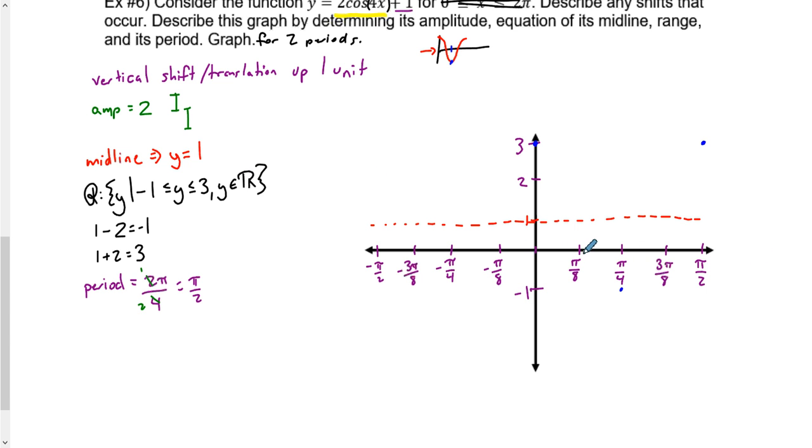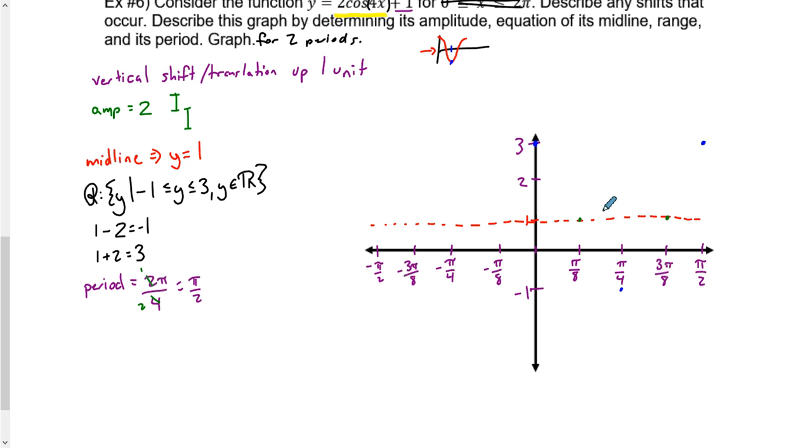Our x-intercepts, which would, without our adjusted midline or our vertical translation up 1 unit, normally be these 2 points, but they're not. Those points are where they would actually cross our midline, our y = 1.